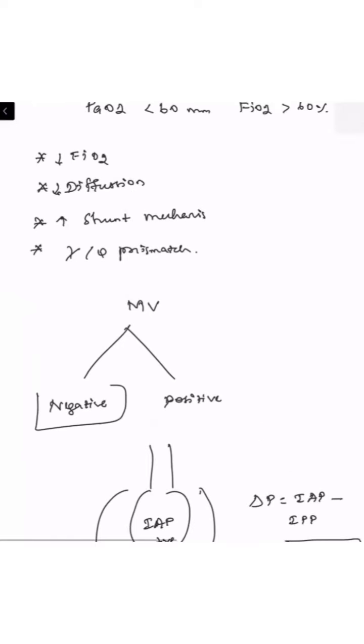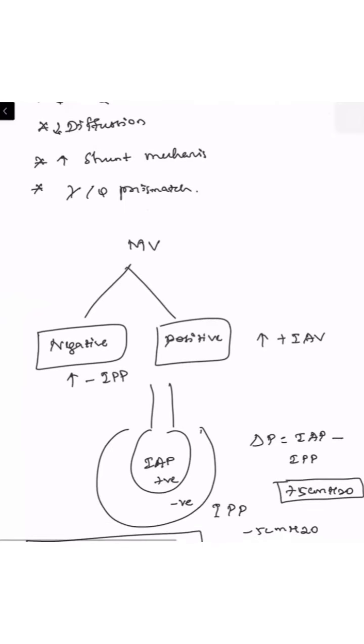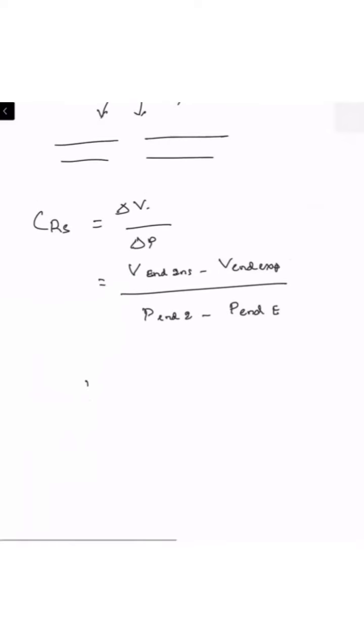In negative pressure ventilation, we are increasing the negative intrapleural pressure. In positive pressure ventilation, we are increasing the positive intra-alveolar pressure. So in both mechanisms, the net result is an increase in the compliance. Whenever there is an increase in the compliance, it automatically reflects that there will be an increase in the volume.